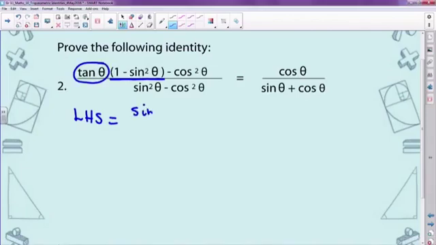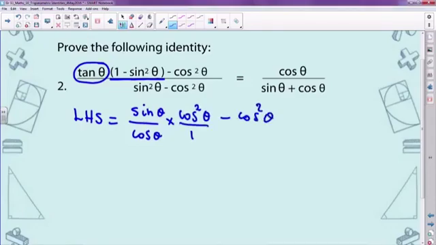So this will be my sine theta over cos theta times 1 minus sine squared theta, which as we said is cos squared theta, over sine squared theta minus cos squared theta. Remember, when you're working with fractions, please make sure that you keep your denominators, which is 1 in that particular case.